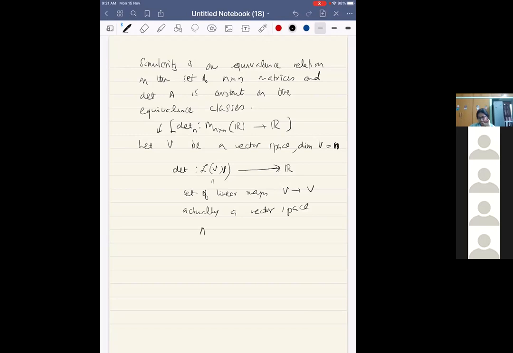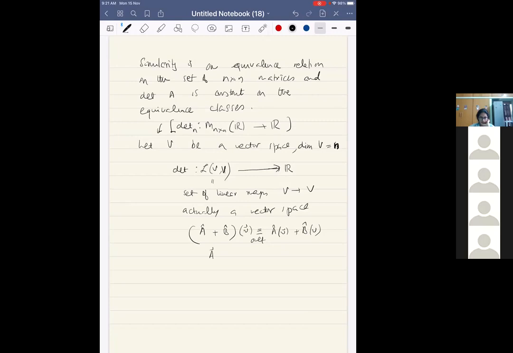Given two linear maps A hat and B hat, you can add them up. The action on a vector v is by definition A hat v plus B hat v. But in fact, because these are linear maps from a vector space to itself, you can even compose them.